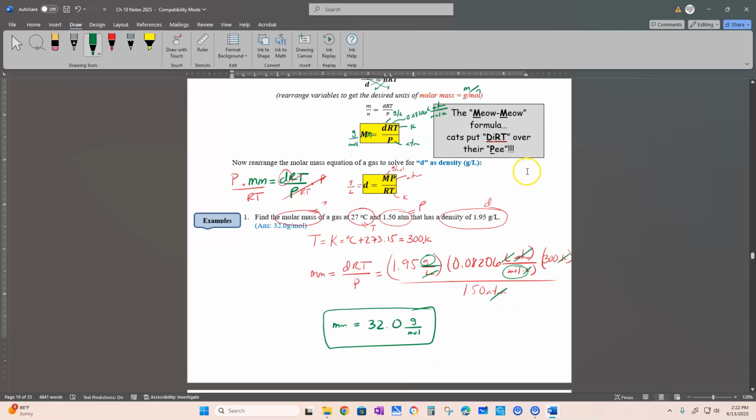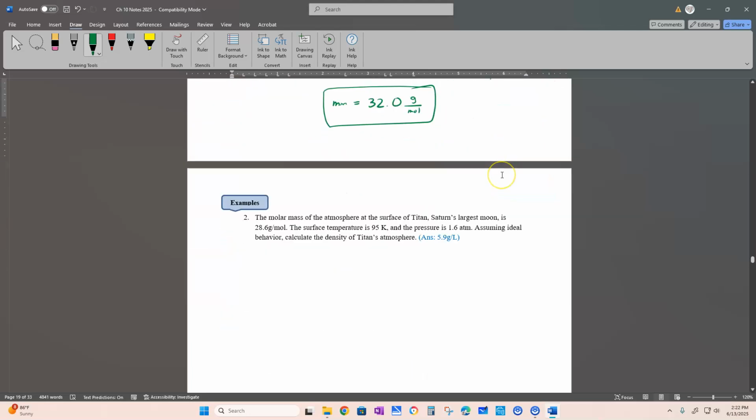Let's practice how to use density. So if I want to calculate density, remember I like to remember my meow meow, dirt over P. The molar mass of the surface of Titan is 28.6 grams per mole. So there's my molar mass. There's my temperature and my pressure. Assuming ideal, calculate density. Well, because I know how to rearrange an equation, I'm going to bring my pressure up, bring my RT down.